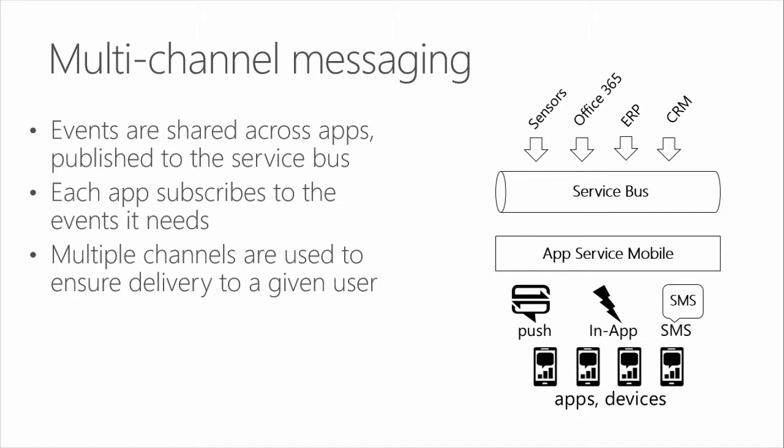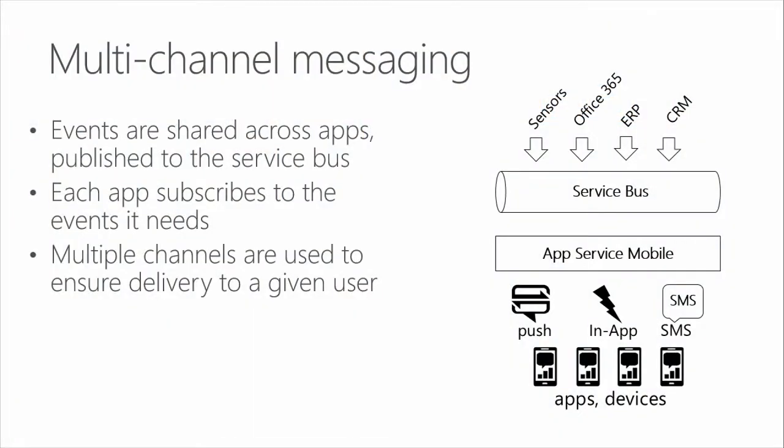Finally, in the case of enterprise, apps are interconnected. You have many apps that are optimized for individual tasks, but they all serve and listen to shared events. Events can come from sensors and other IoT devices. Events can be coming from Office and other backend systems, your legacy ERP systems, CRM systems. What we recommend is send those events to a service bus.